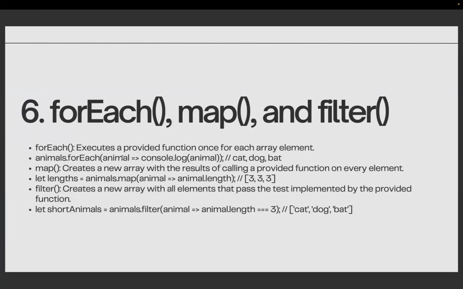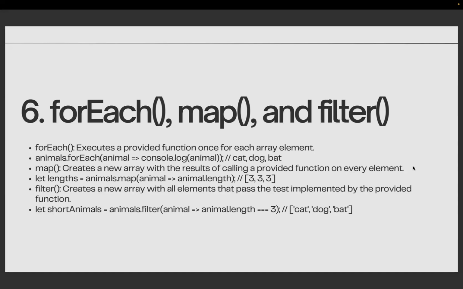And later, once we cover higher order functions, which we call HOF, we are going to cover some of these. I can still show you what these mean. For example, map creates a new array with the results of calling a provided function on every element.